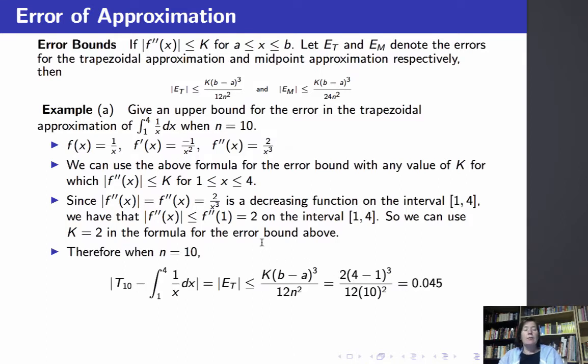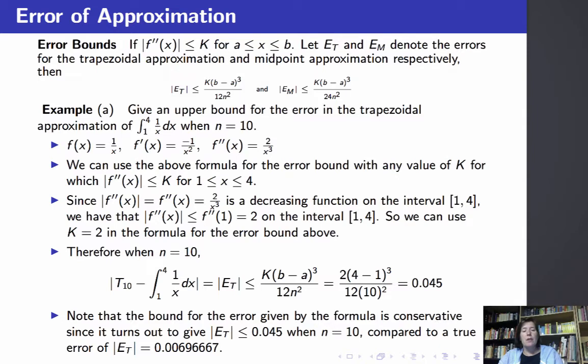And with n equals 10, our trapezoidal approximation differs from the actual value of the integral in absolute value by at most k times b minus a cubed over 12n squared, which is 2 times 4 minus 1 cubed over 12 times 10 squared, which is 0.045.